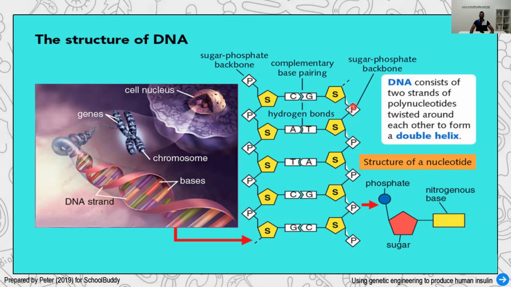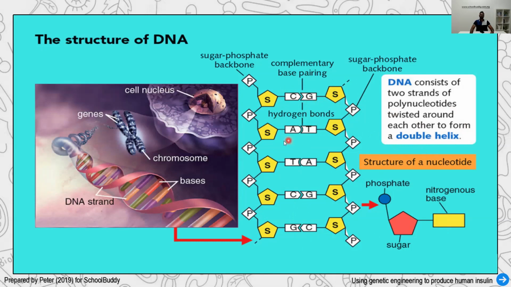We have the phosphate, which stands for P, and S, which stands for sugar. And here we have some letters, A, T, C, G, and all of these are called the bases. A refers to the base adenine, T stands for thymine, C stands for cytosine, and G stands for guanine.